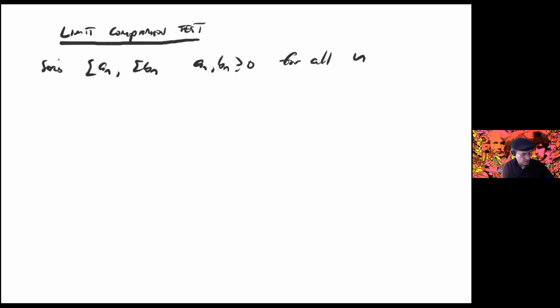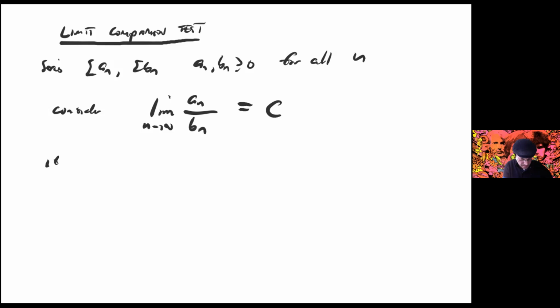And so now we consider the following limit. The limit of a sub n over b sub n, this quotient, as n goes to infinity. And this limit may or may not exist.